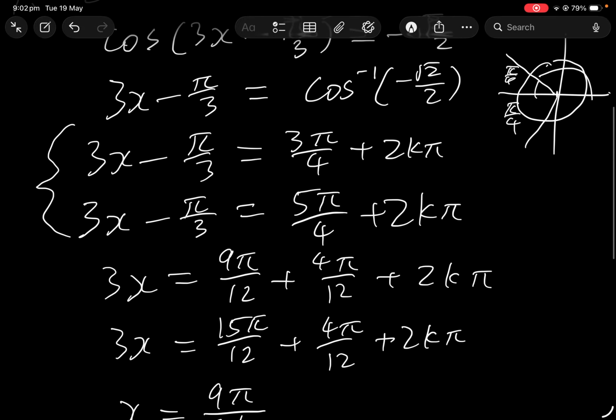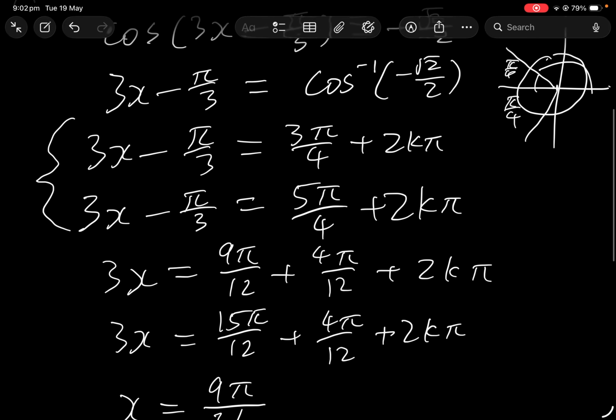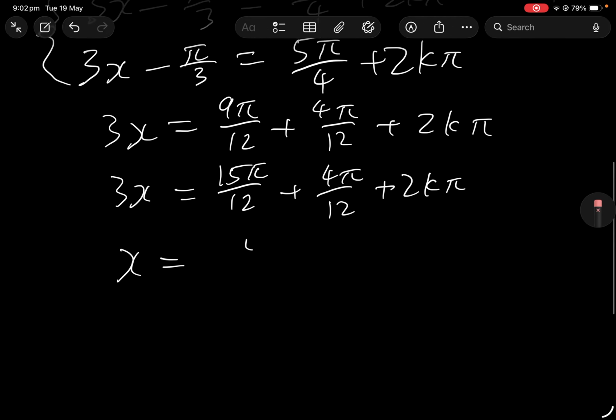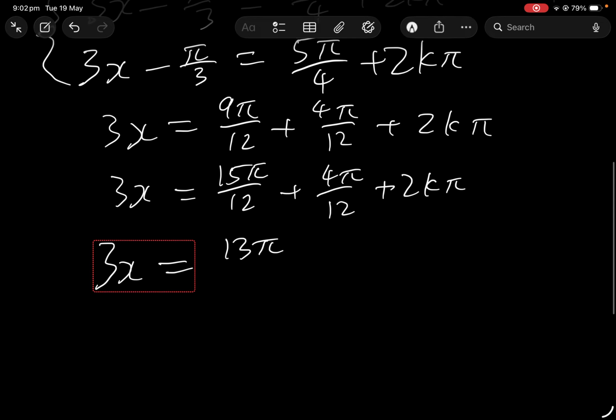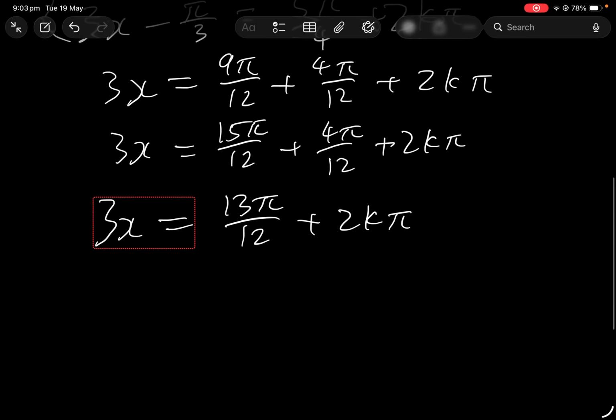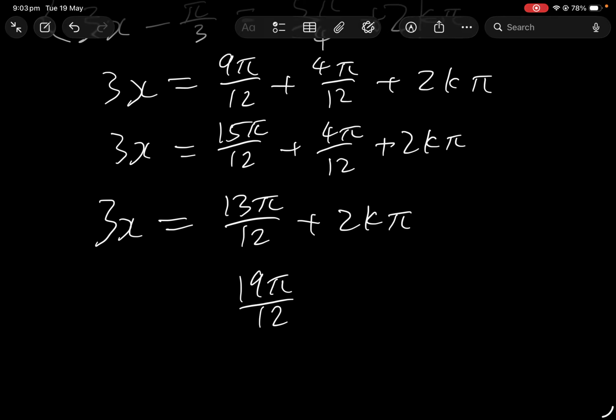We'll add it first, because that's more important. Okay, that's 13π/12, and the other becomes 19π/12, plus 2kπ.